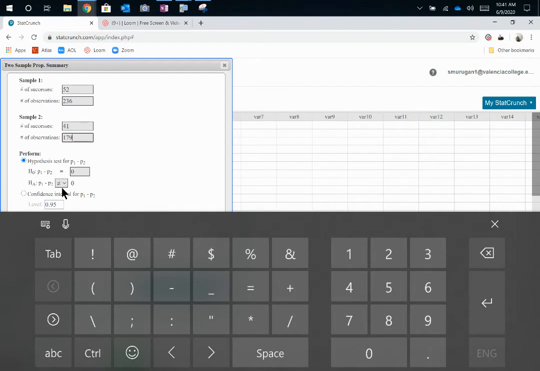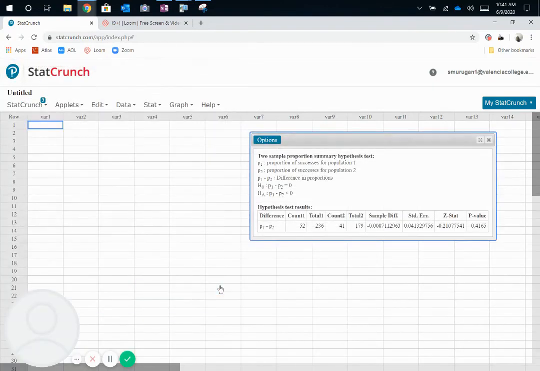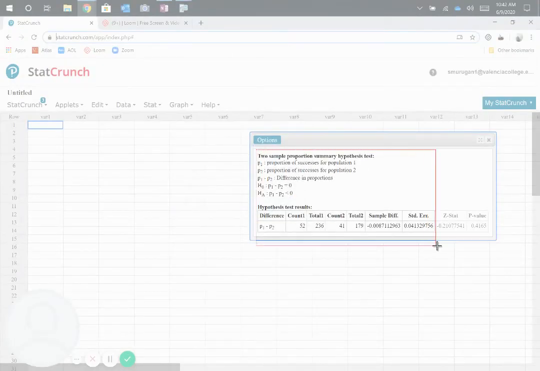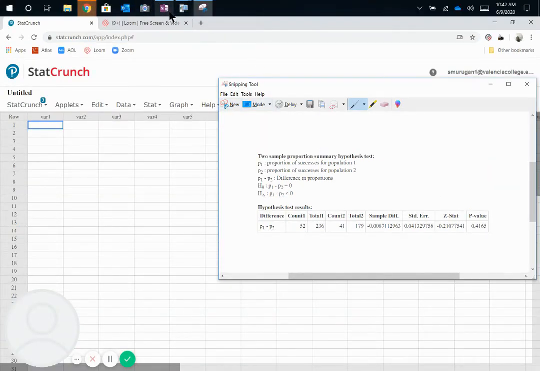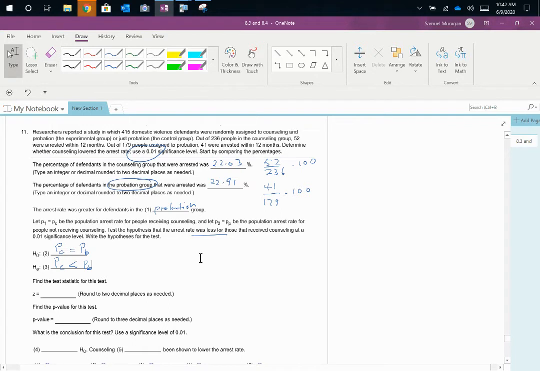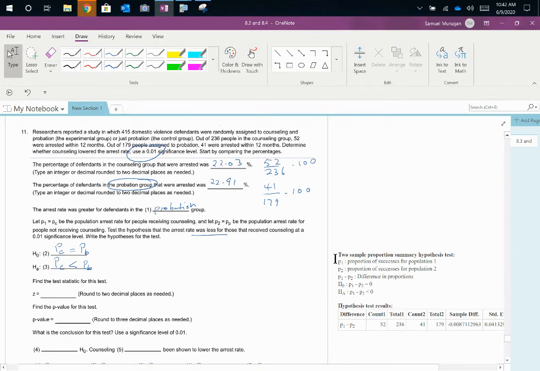Let's check our parameters are equal, and this has to be less than. Compute. And we copy this over to our notes. This is our results here. Drag this onto the page.